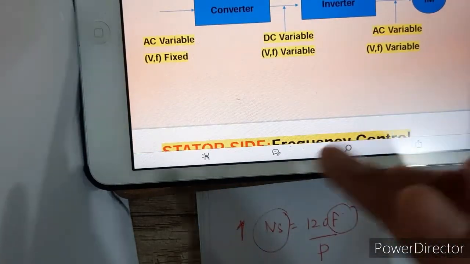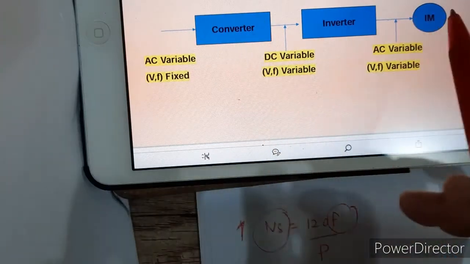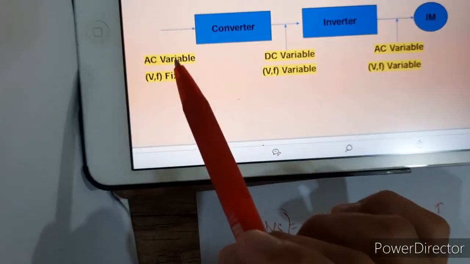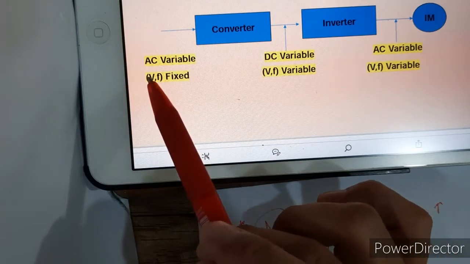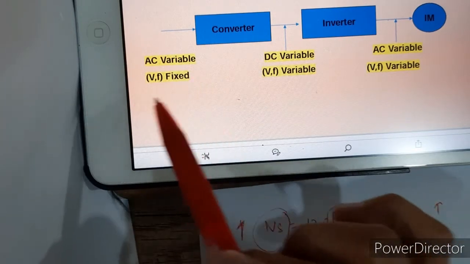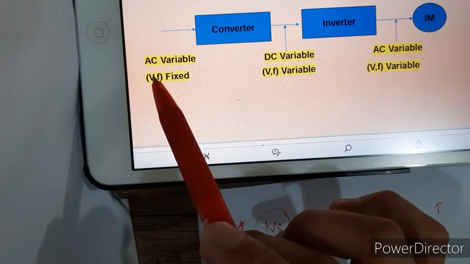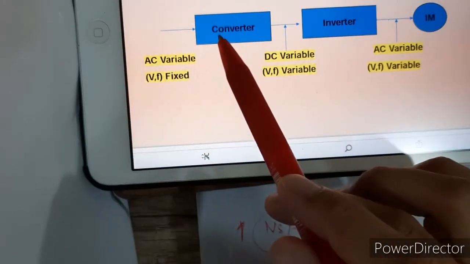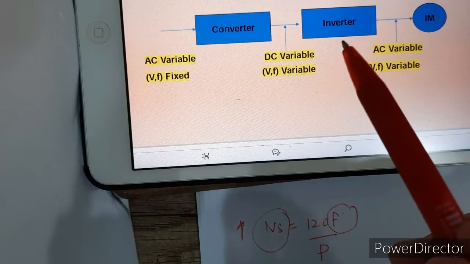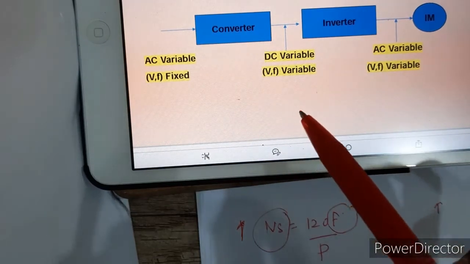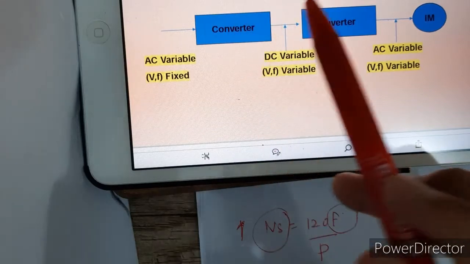So let's look at this type of circuit. We have the AC supply, where the voltage and frequency are fixed. Next, we need to vary our frequency, so we use a converter.